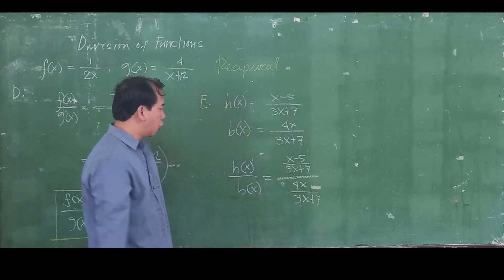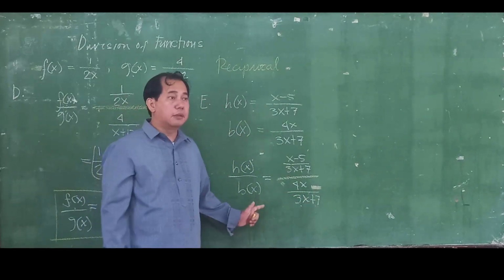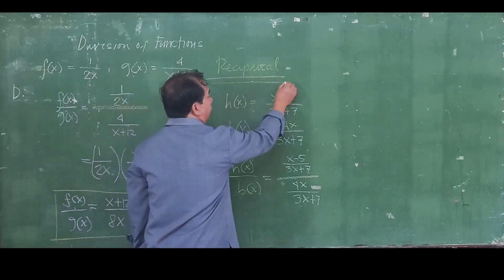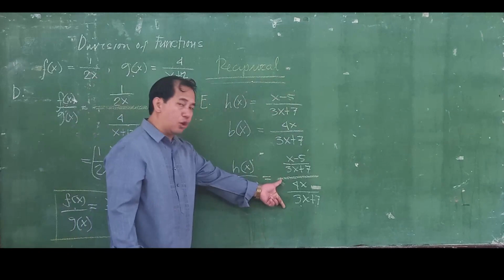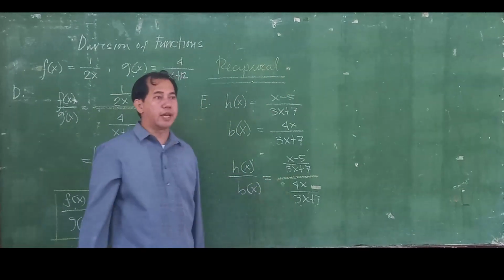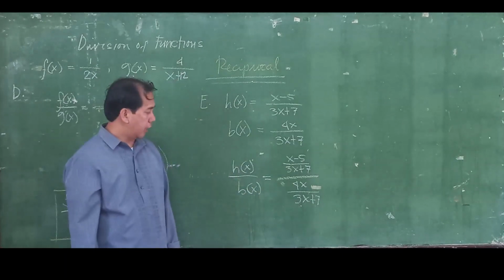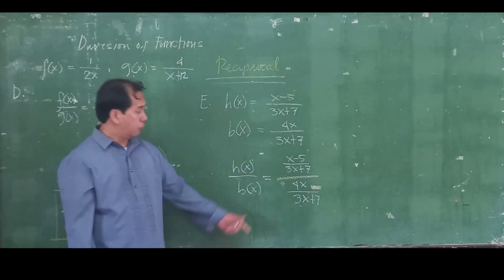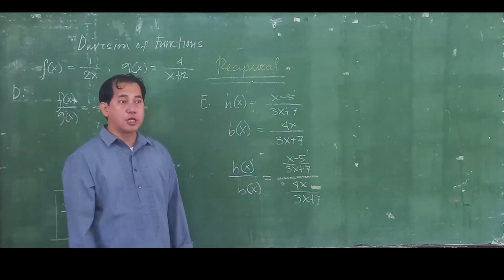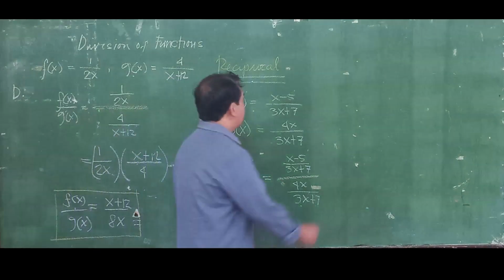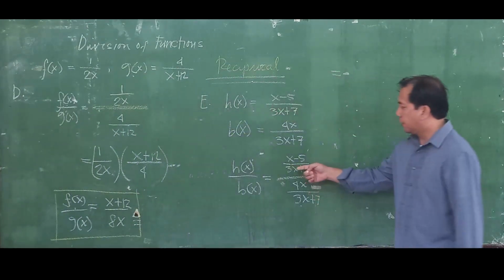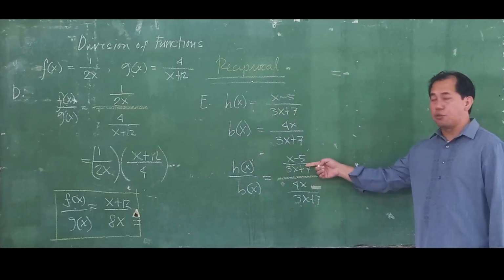Now what would be the result? Again, to divide, you go over with the idea of reciprocal. Get the reciprocal of the divisor and then proceed to multiplication. That is the rule. Now, what is our h of x?